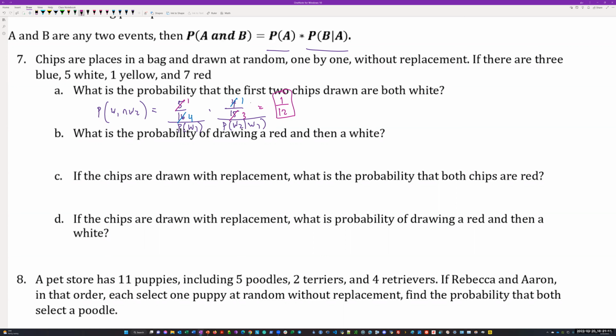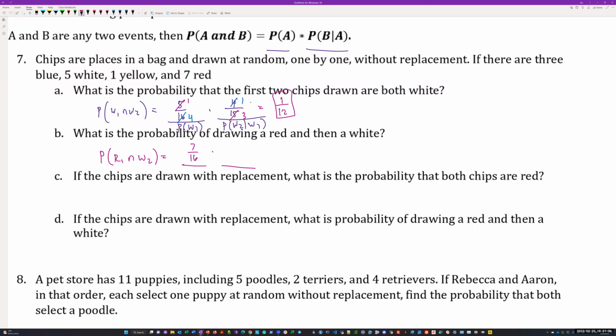What's the probability of drawing a red and then a white? So red on the first one and then a white on the second one. That's correct. See, how could it be the same thing? You gotta draw a red one, right? It's 7 red. Come on. All right, now what?